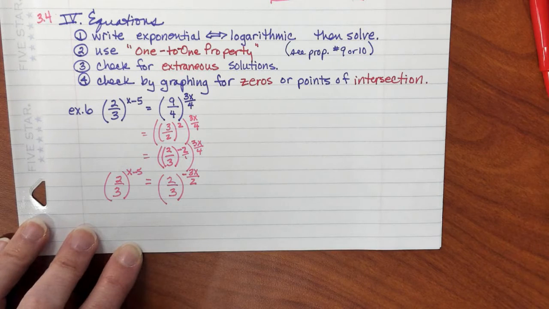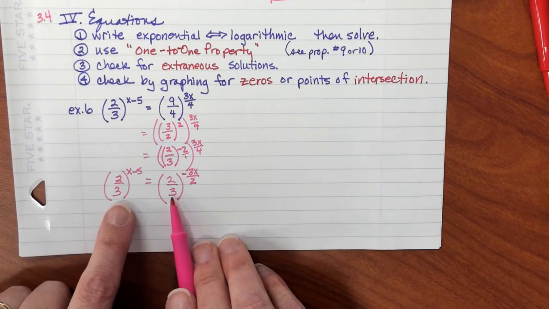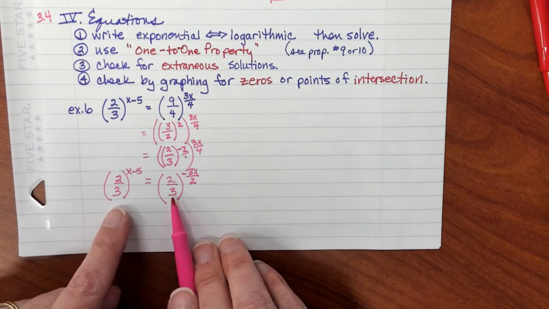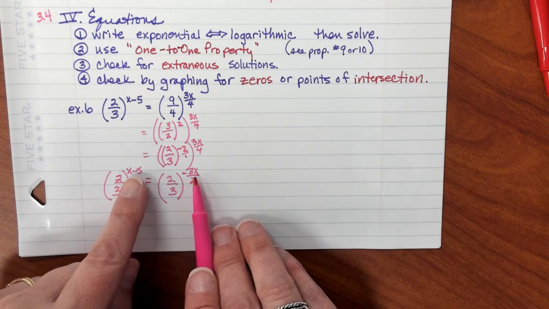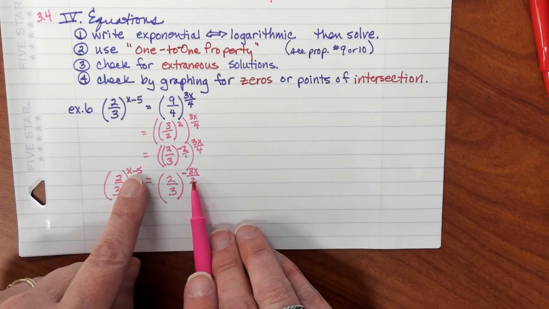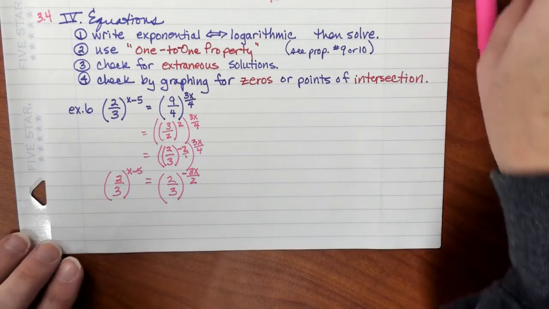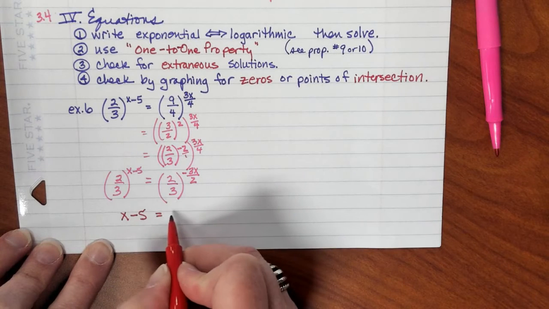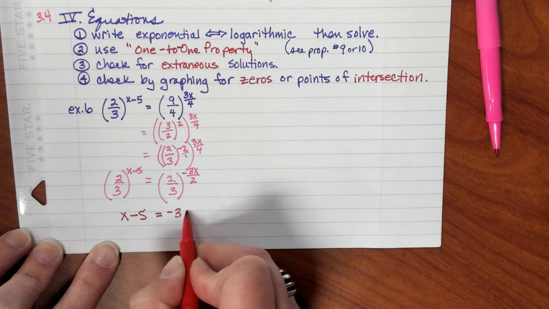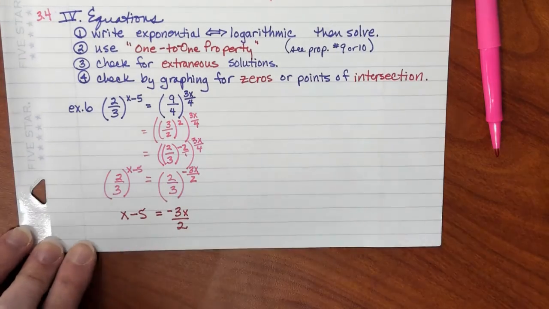And then I can see that the bases are the same. This is that one-to-one property we talked about. Both 2/3. So now I'm simply playing with the exponents. So now I can take the x minus 5 and say that's equal to -3x divided by 2.